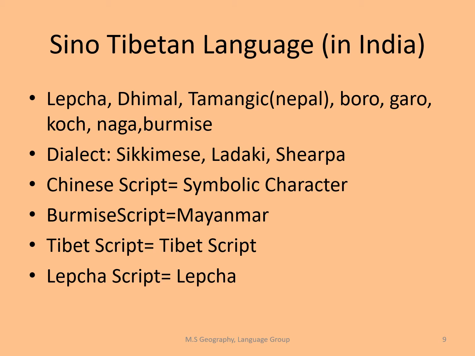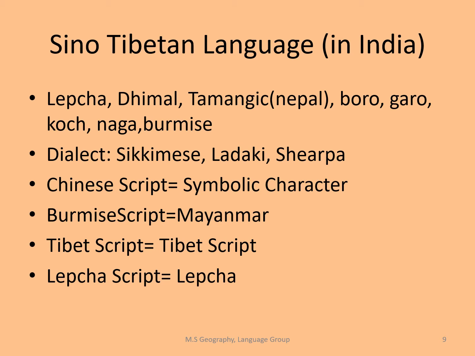And the Sino-Tibetan language group uses separate types of script. For example, the Lepcha language uses the Lepcha script, the Tibetan language uses the Tibetan script, and the Burmese script is used by the Myanmar people. Chinese script is basically symbolic characters or logograms.